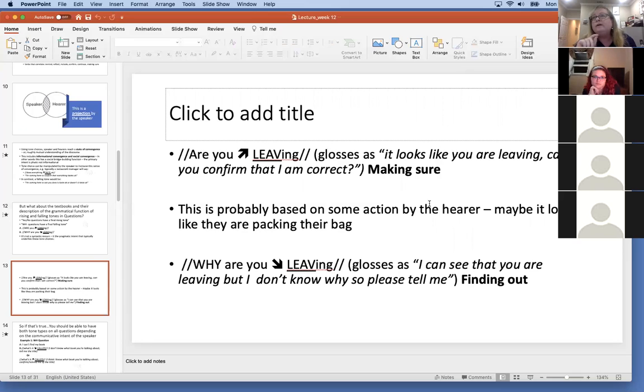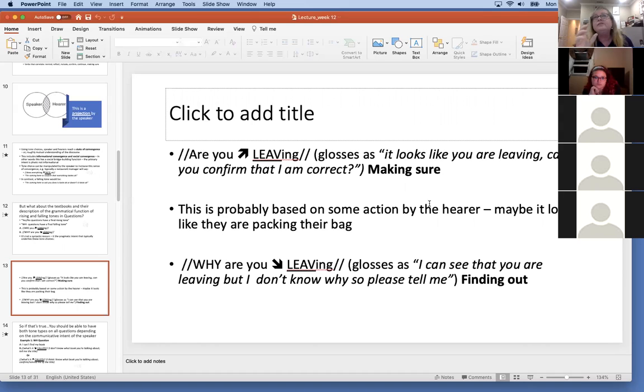Whereas "Why are you leaving?" glosses as something like, "I can see you're leaving, but I don't know why. So can you please tell me why?" Okay, which is more like this idea of commanding or finding out what is happening here.